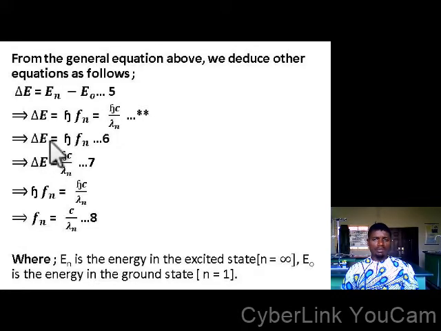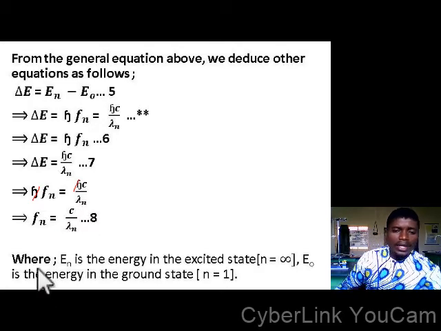So you have change in energy, and this is equal to this. Then of course we cancel out h, and you are left with f_n equals c over the wavelength. That is what you have here.